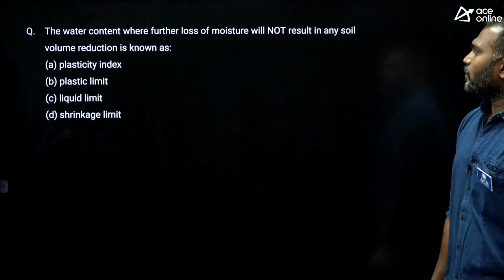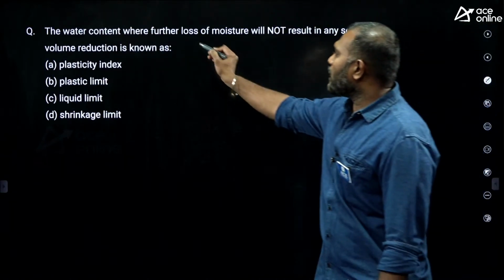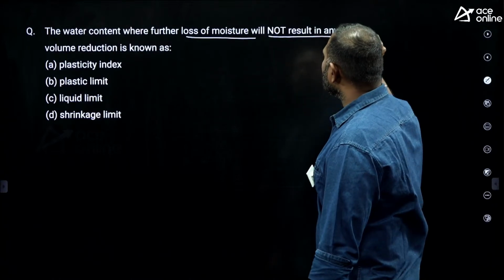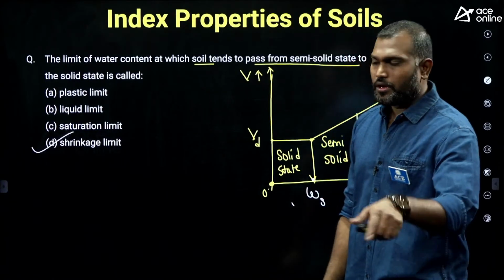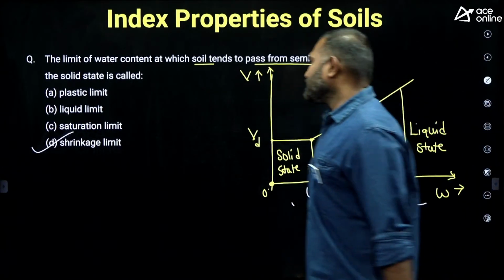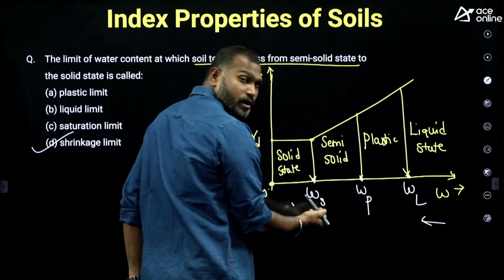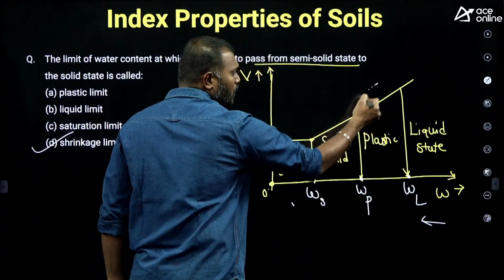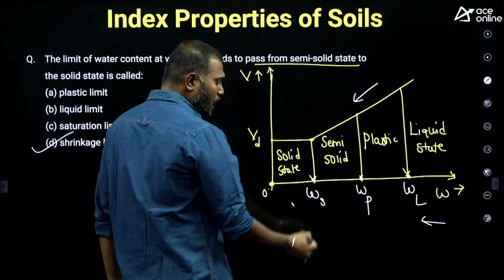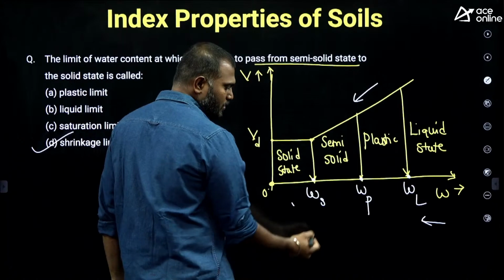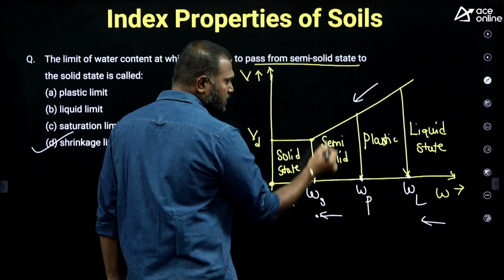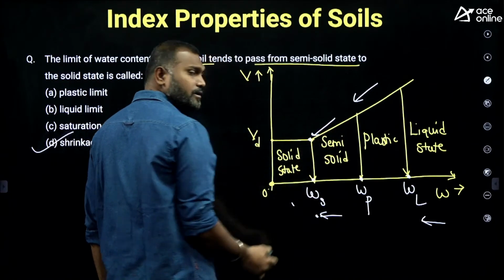Next, the water content where the further loss of moisture will not result in any soil volume reduction. Now, come over here. Just like when I add water, if you remove water, volume also decreases. Up to what point? Up to shrinkage limit, volume keeps on decreasing.